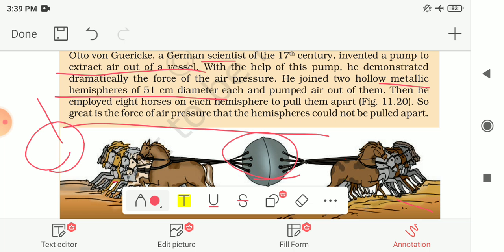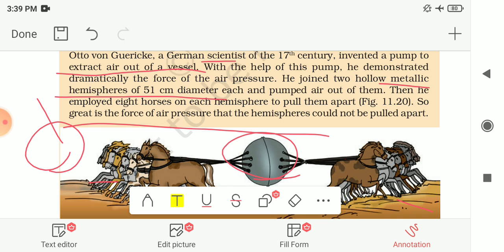Here in the picture you can see that he attached these 8 horses on both sides and tried to detach the two hemispheres. So great is the force of the air pressure that the hemispheres could not be pulled apart. This is the great magnitude of atmospheric pressure, or air pressure.